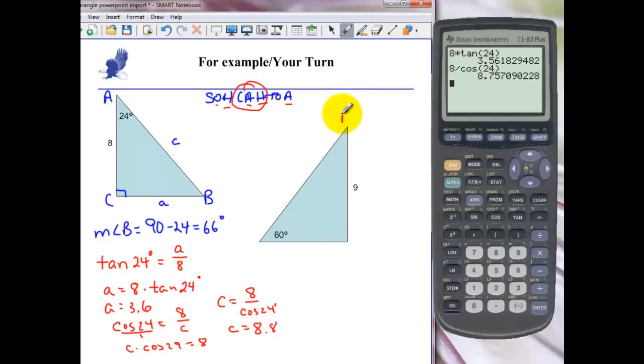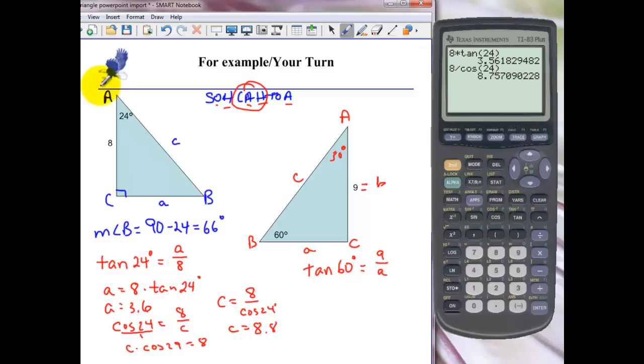Again, let's put letters here. So this is B. We need to find A and C. Now we know A is 30 degrees. And to find little a, opposite and adjacent, so we can set up tangent of 60 degrees equals 9 over a.